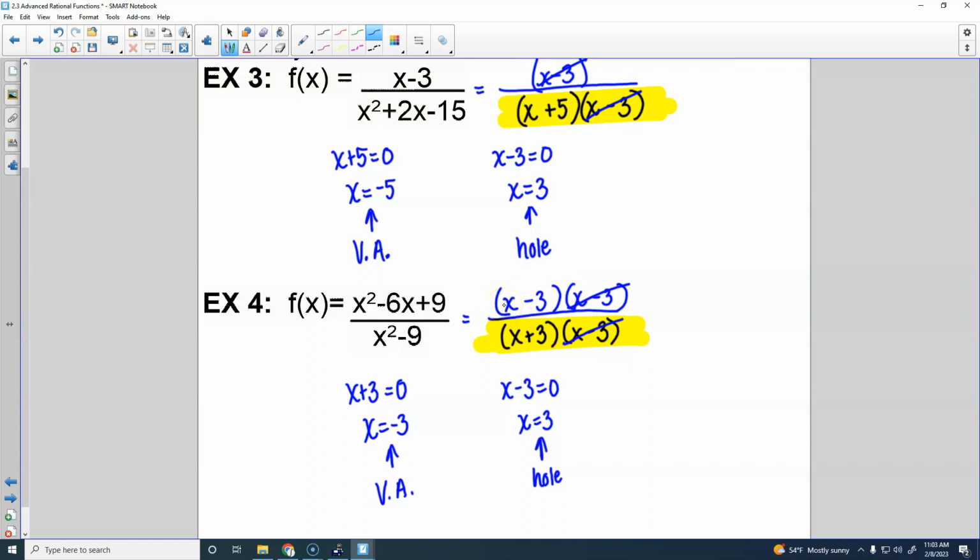Discontinuities don't come from the top. The only reason we even care about the top is just to see whether it cancels, right? That's the only reason we even factor it. If it only asked for discontinuities, we wouldn't even have to worry about the numerator at all. But if it wants to know if they're holes or vertical asymptotes, we have to think about it. Okay, questions?